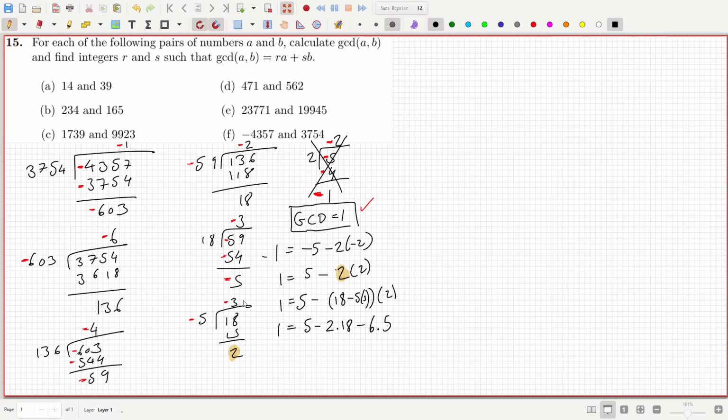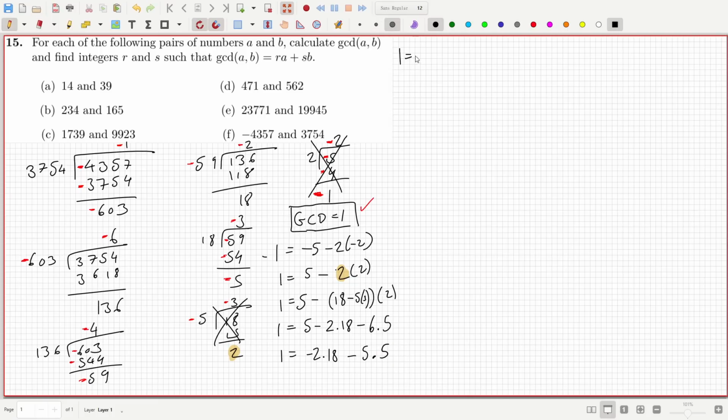Okay. So that's 1 equals -2 times 18. And then a 5 here. So that's minus 5 times 5. So I need to replace that 5, or maybe it would make more sense to replace the -5.